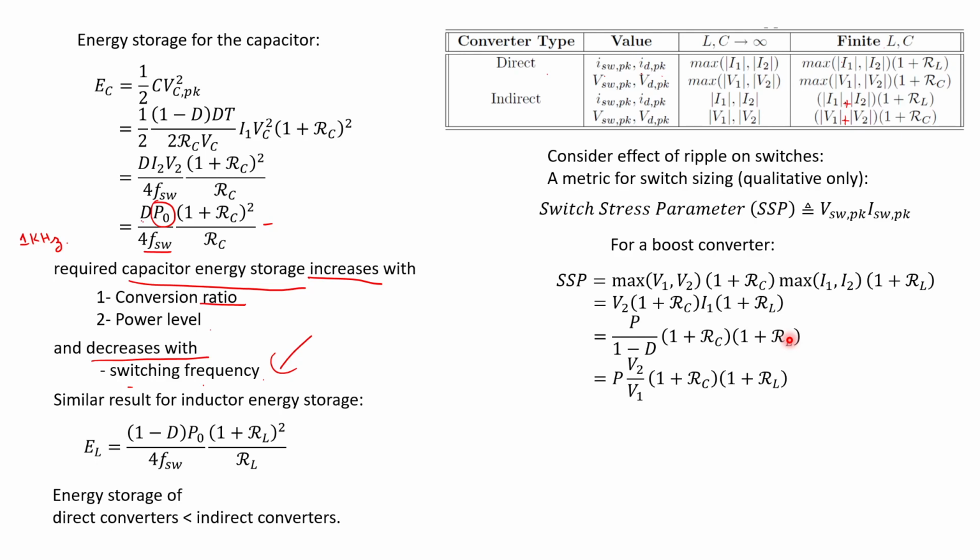Let's say you design this converter in this way, and you design that converter in that way, and then you compute the switch stress parameter. If you see that the value of switch stress parameter for this one is larger than that of this one, it means you have the risk that this one is more likely to be broken earlier. Okay, something like that.